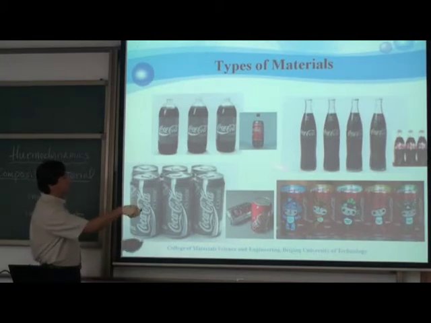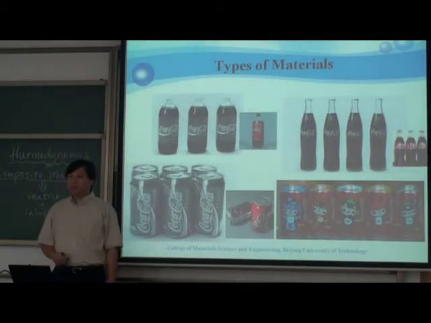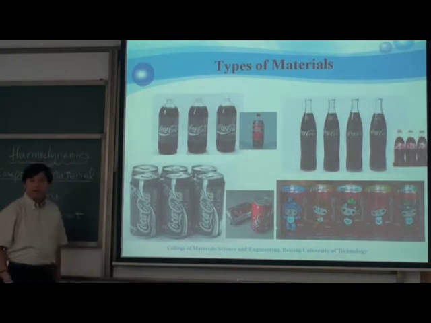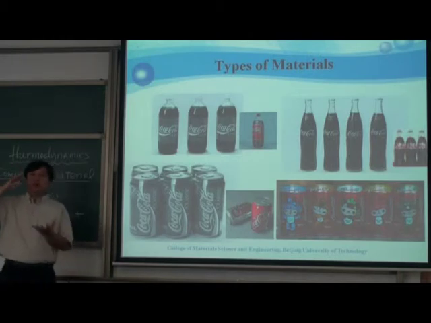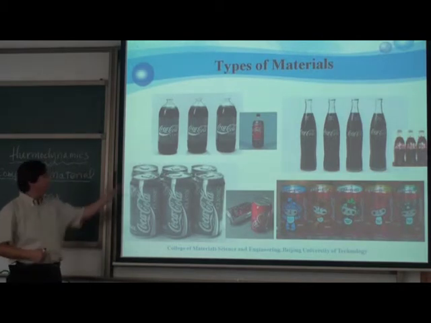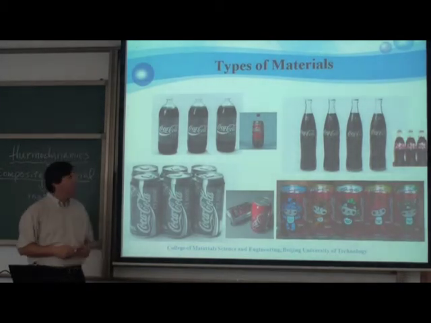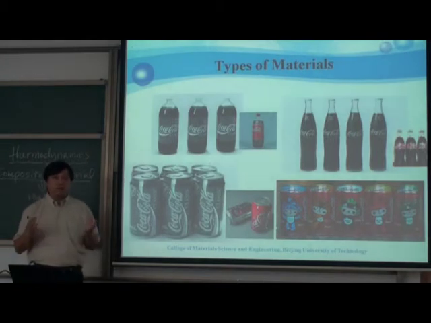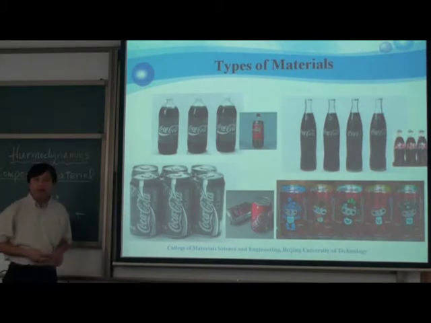Now, if you make this kind of a Coke bottle as a ceramic material in glass form, it's going to look much nicer than this one, right? But here, a plastic bottle contains a lot more Coke as compared to this Coke cans. It's going to be a very good container if you have a lot of people coming to your party. So different material will serve different function, even though the only purpose is to serve as a Coke container.